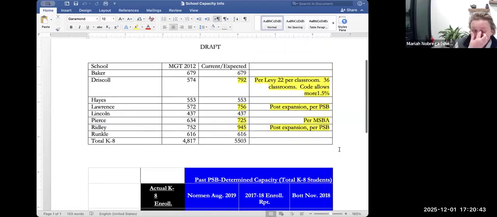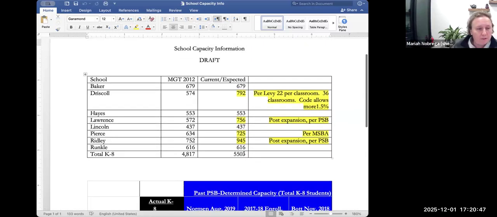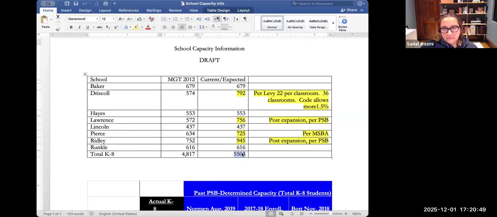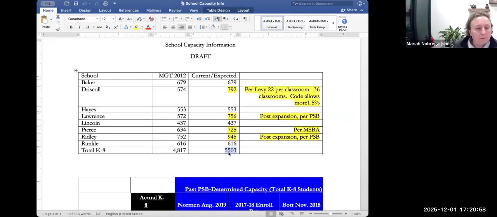Can you tell me again where you just said 5,500, are you going off of the bottom number or the top number? Sorry, the top number. I added that column together. All right. Okay. So, go ahead.